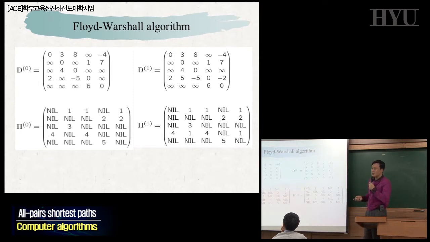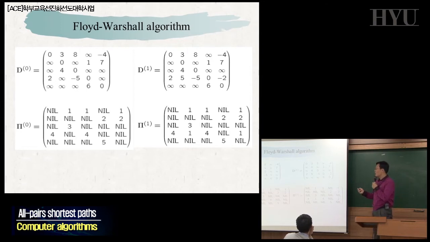D0 is the weight adjacency matrix. D0 means there is no intermediate vertex. It means shortest paths have at most one edge, so it is the same as the adjacency matrix. Okay?